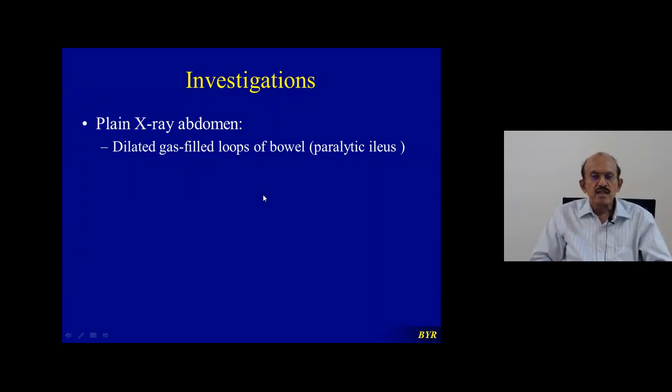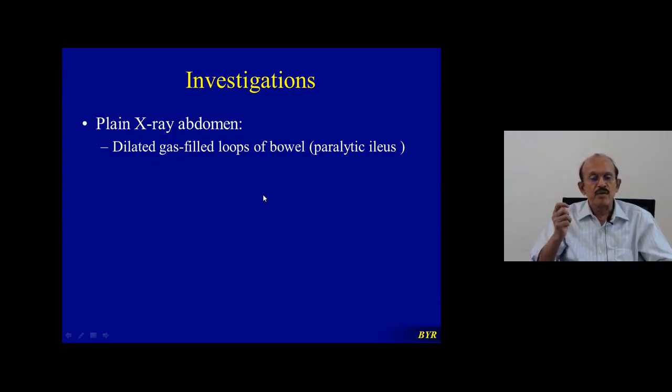So, the investigations for peritonitis, number one, total count, then urine examination, then you go for plain X-ray abdomen in supine and erect postures. Then you do serum amylase estimation to exclude pancreatitis. Then you do ultrasound scan to look for the gallstones, the pancreas, the appendix, and any cysts or masses which have undergone torsion, like ovarian cyst with torsion.